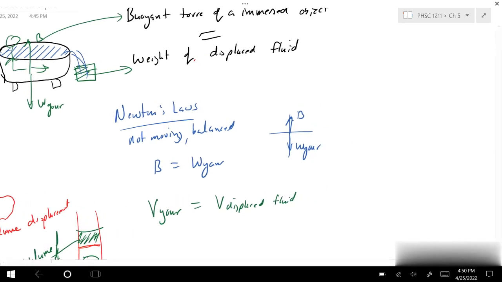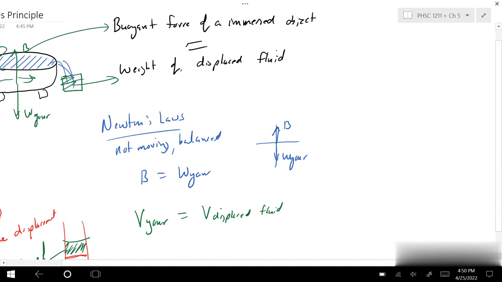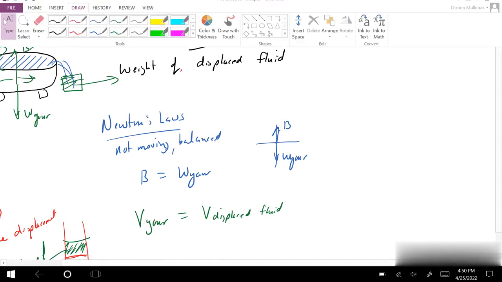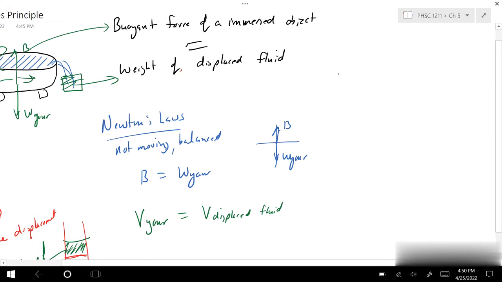So one of the ways we want to look at this, and why it's going to be significant, is looking at these three principles. Let's look at the first one. The buoyant force is equal to the weight of displaced fluid. And we know the buoyant force is also equal to your weight.